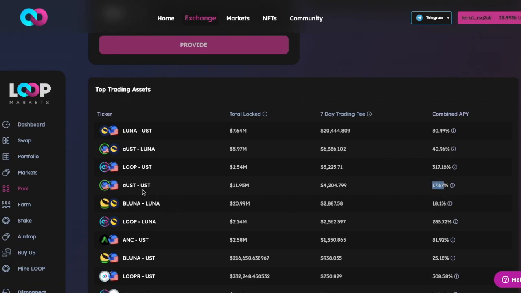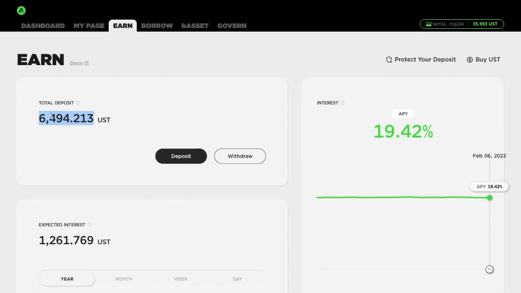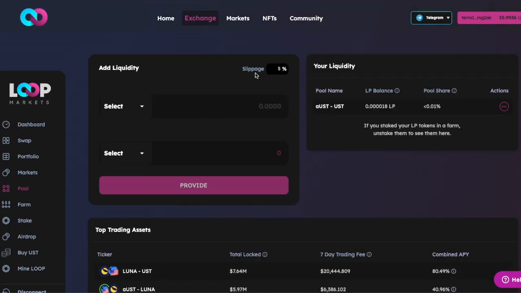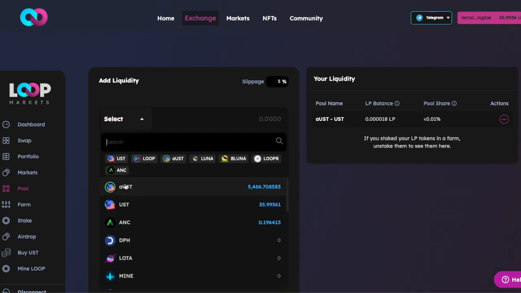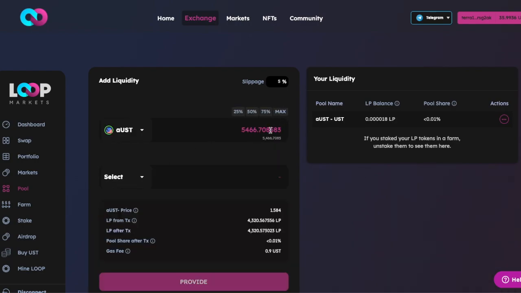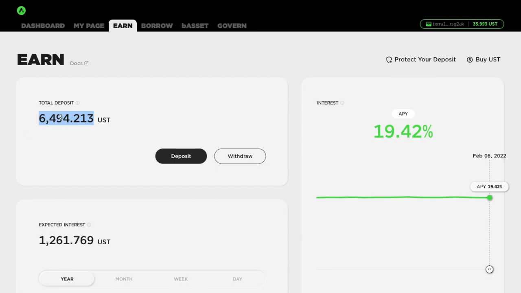As I mentioned earlier, you have staked here. So straight away I have, let's say, 6,494 USD that I've staked. If I select AUST, it shows me 5,466. This is the AUST value that I got after staking 6,494.